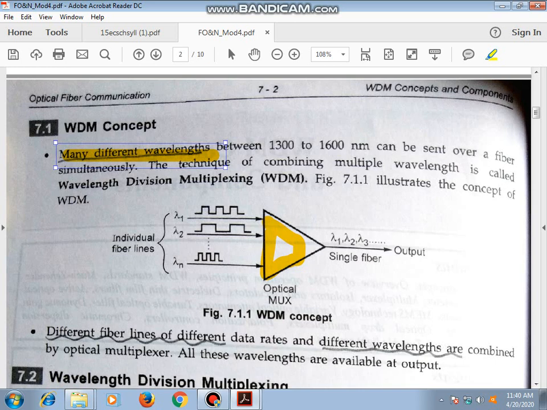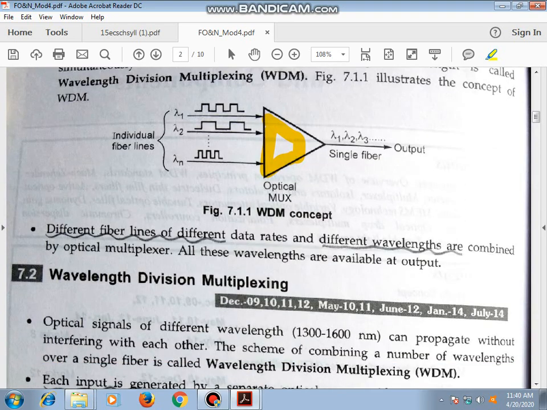These different wavelength signals will have different data rates. Here they have written different fiber lines of different data rates, and different wavelengths are combined by the optical multiplexer. All these wavelengths are available at the output here.